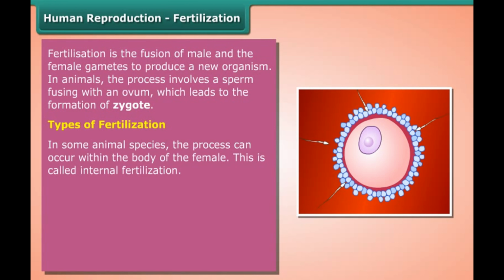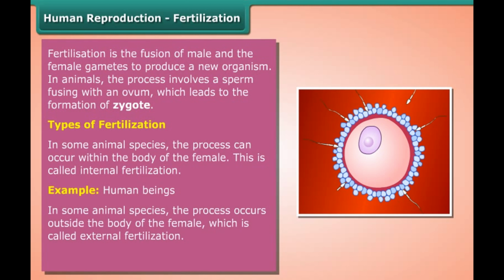In some animal species, the process can occur within the body of the female. This is called internal fertilization. Example, human beings. In some animal species, the process occurs outside the body of the female, which is called external fertilization. Example, frogs and fishes.